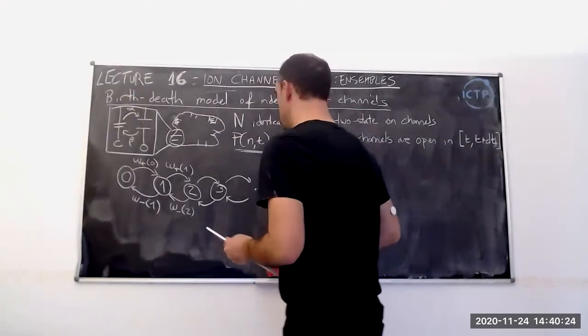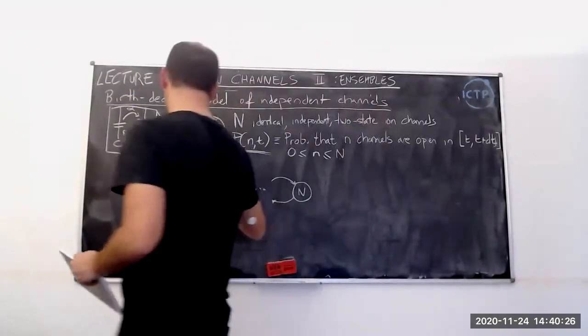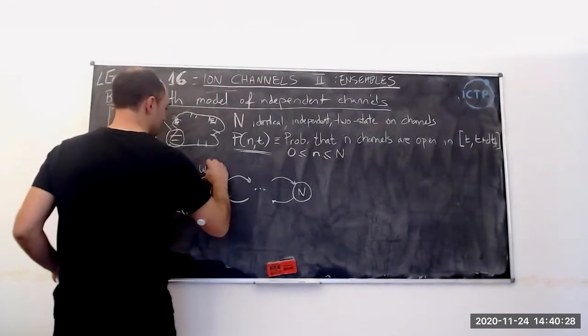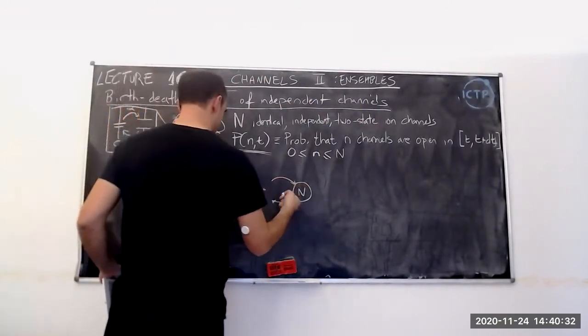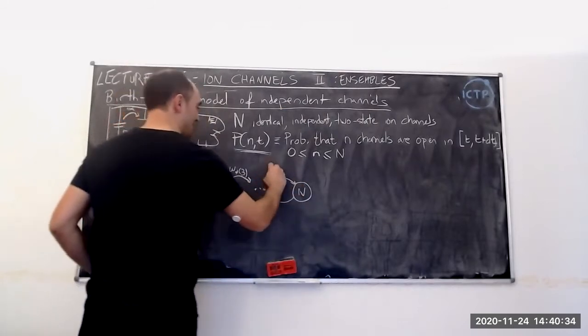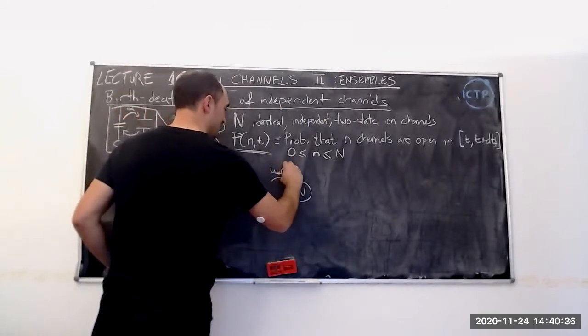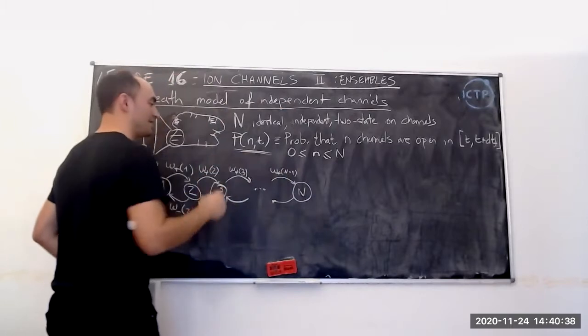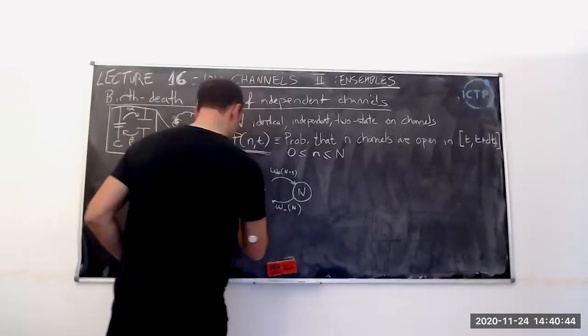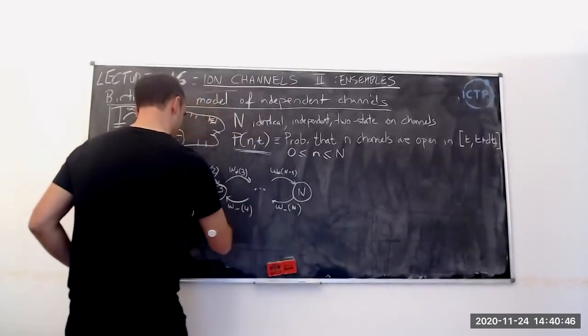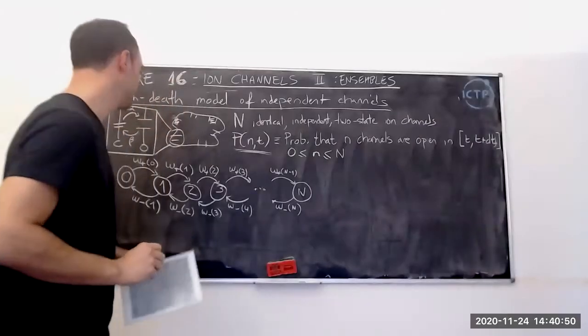So you go from here with omega plus 2, omega plus 3, and you reach this state with omega plus N minus 1, because you come from state N minus 1. Closing channels, omega minus N, omega minus 4, omega minus 3. Okay, this will be our model.